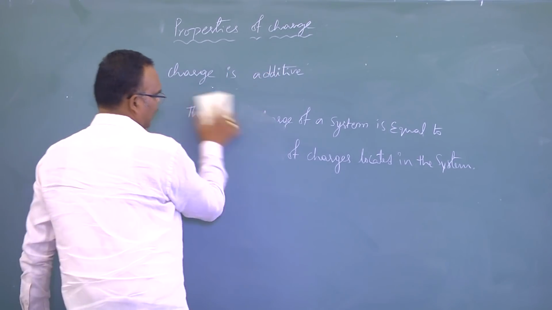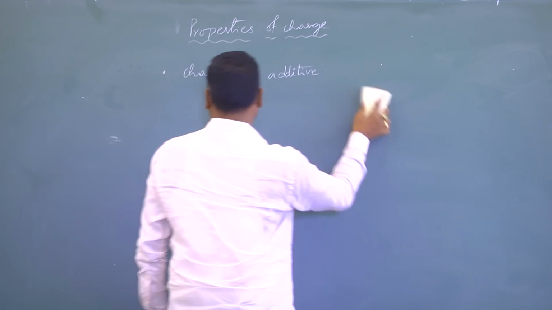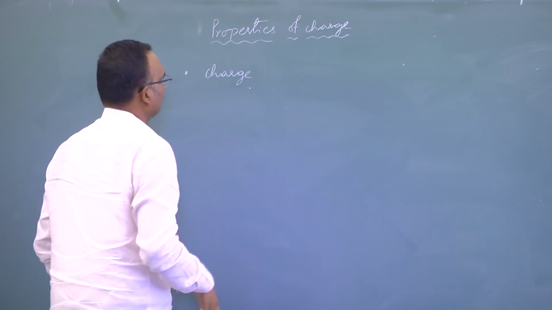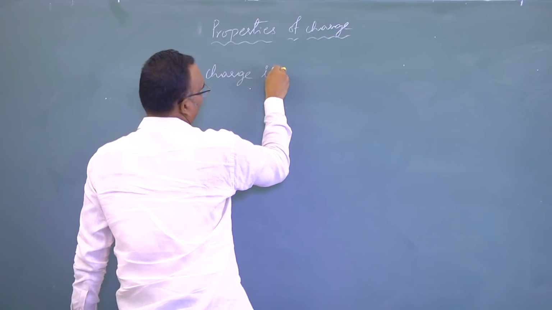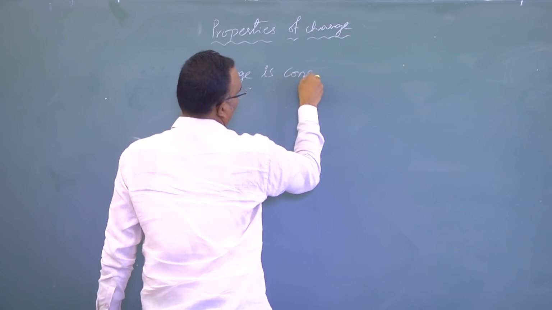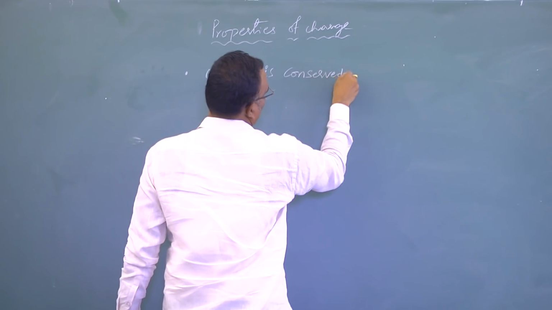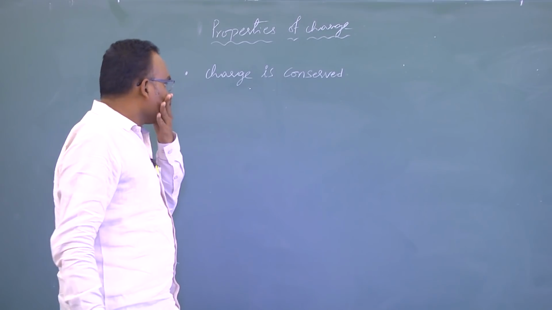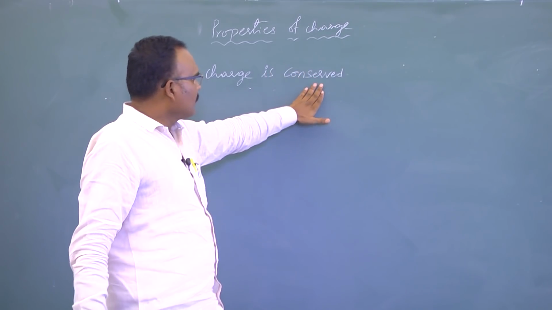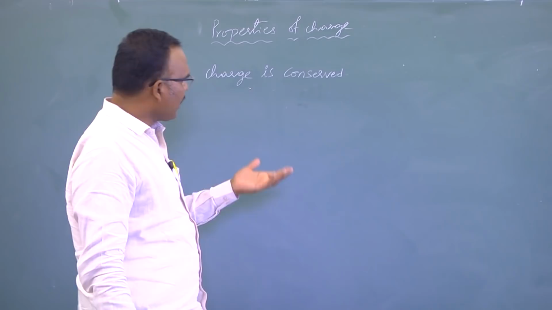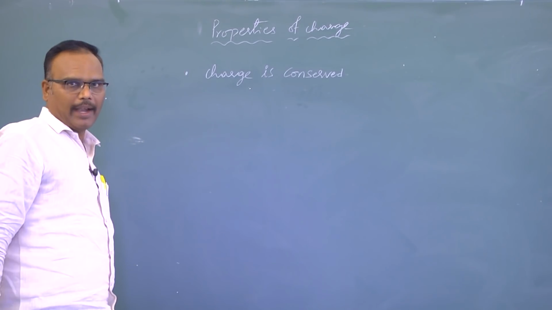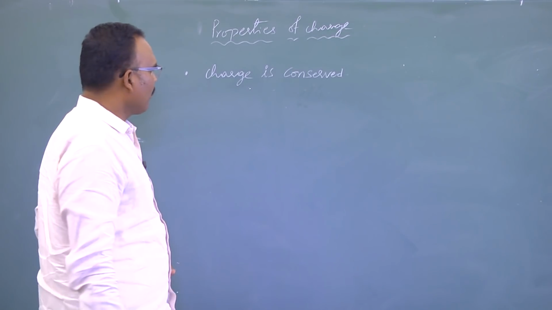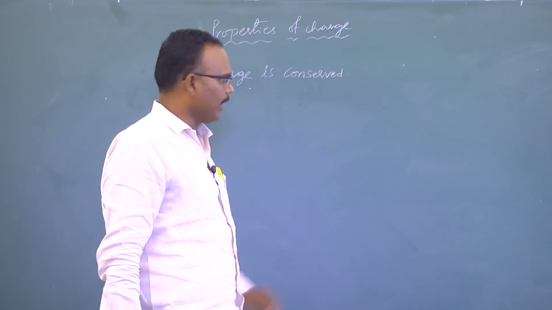And the second property of charge is conserved. Charge is conserved. What does it mean? Conserved means charge can neither be created nor be destroyed, but it can be transferred from one body to another body.